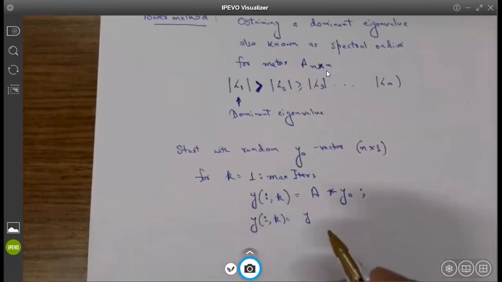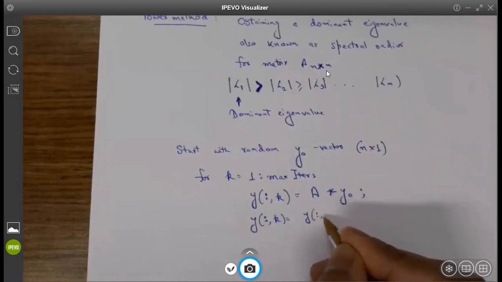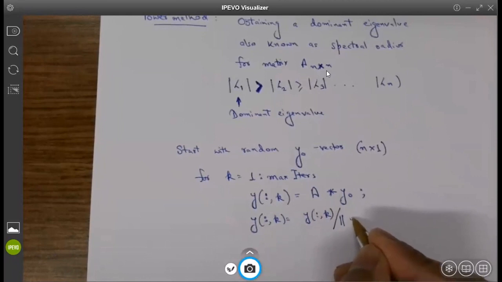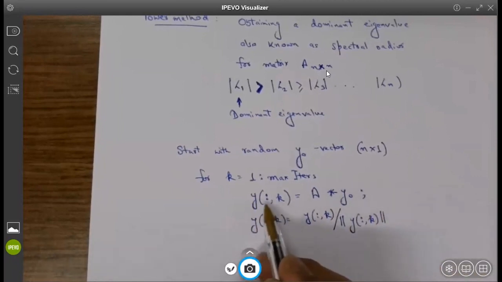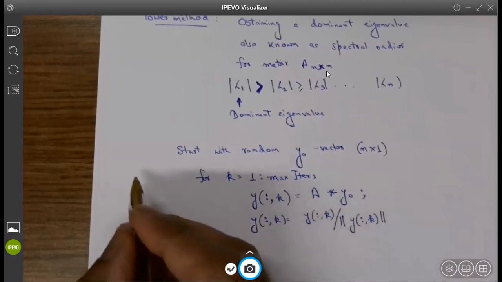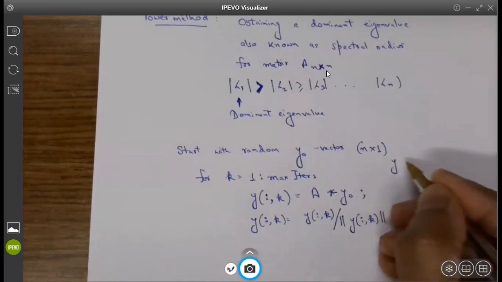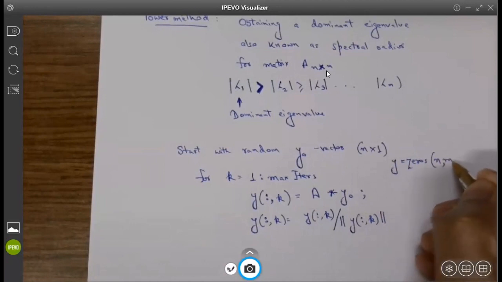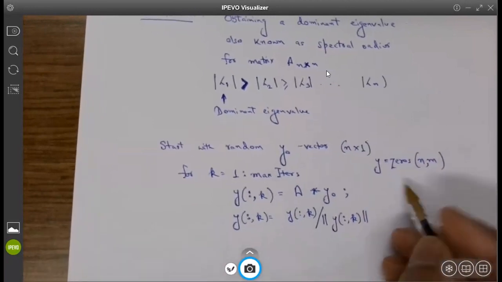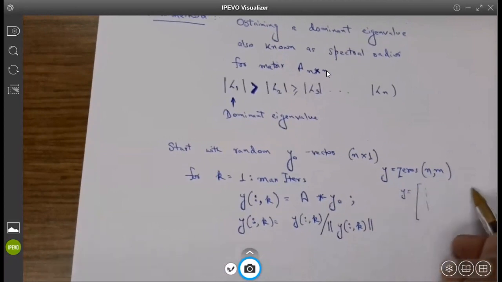I'm basically writing specific MATLAB lines of code, so that will help you to understand when I show you the code itself. Norm of y colon comma k. Just to make sure that you understand what that means, y is a matrix of size zeros n comma m, which means each column is a vector of dimension n.